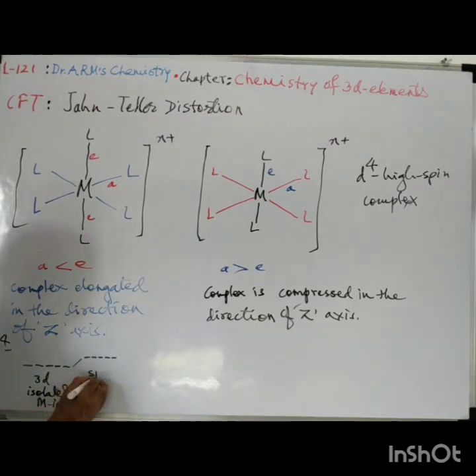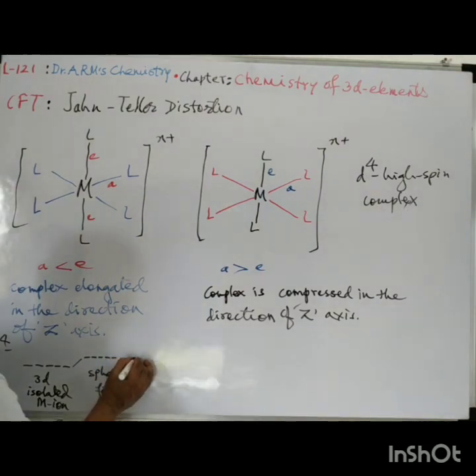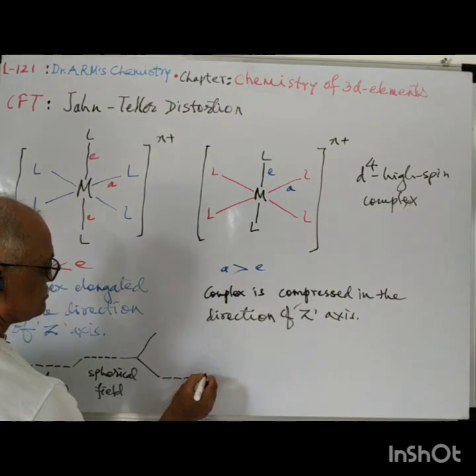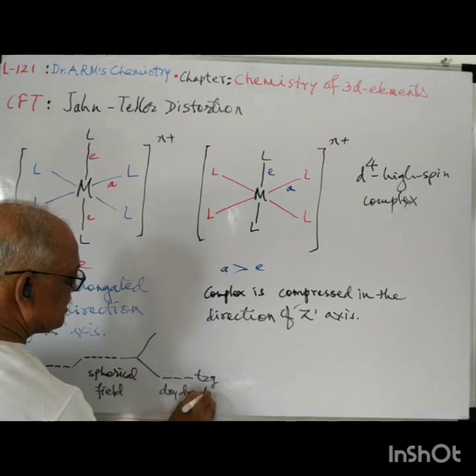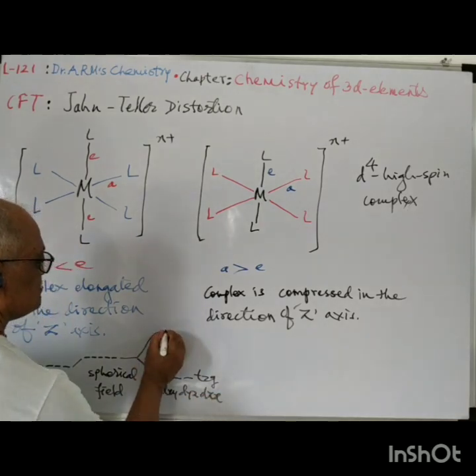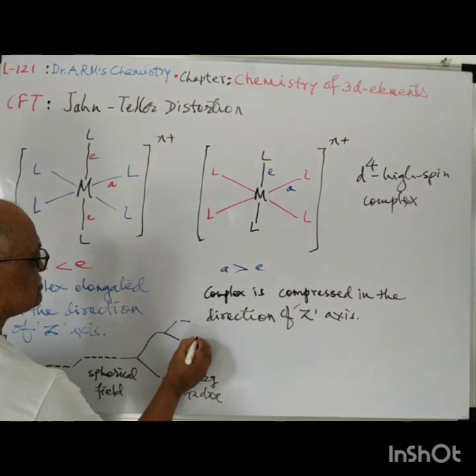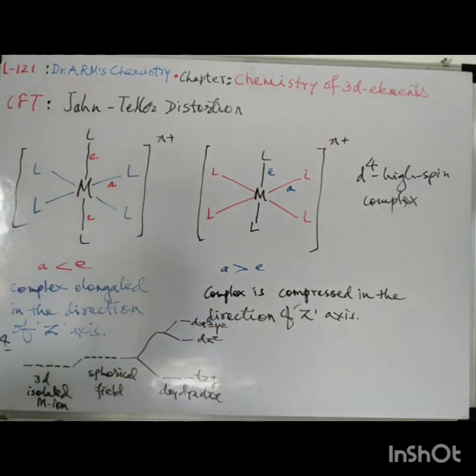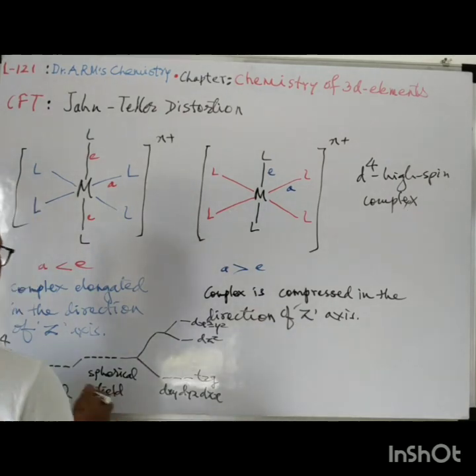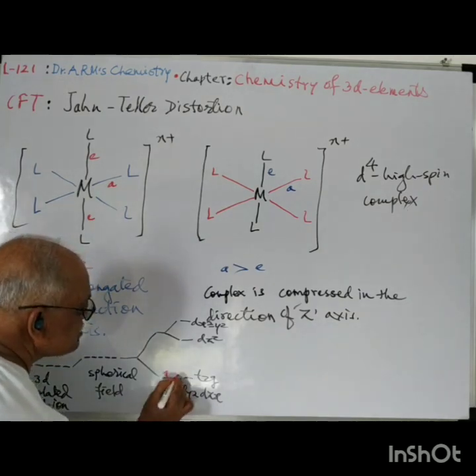This is the spherical field. These are the t2 orbitals, that is dxy, dyz, and dzx, and these orbitals are dz2 and dx2-y2. Now, in case of this d4 configuration, the electron distribution is like this.